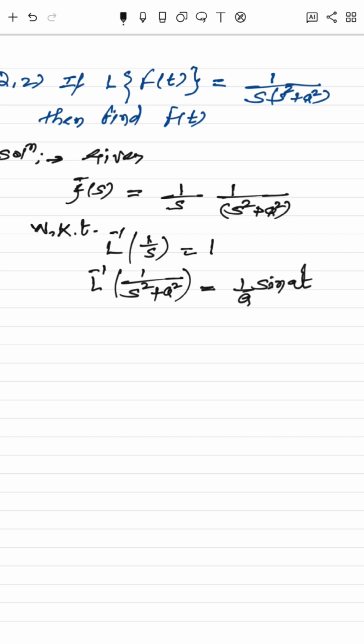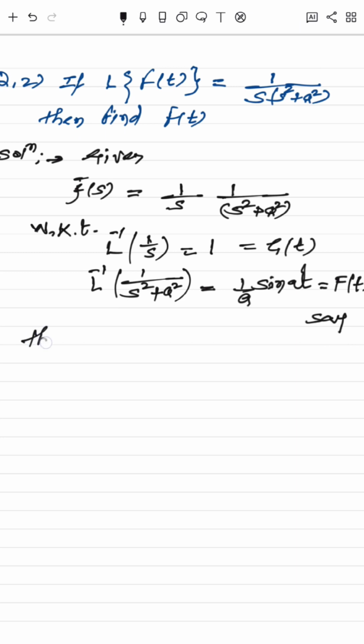Out of this, we call this as f of t, and the first one as g of t, or we can interchange the terms.